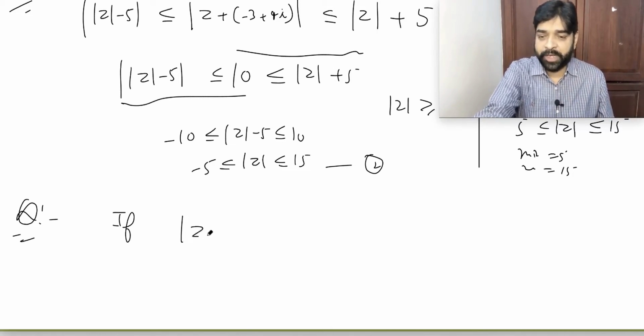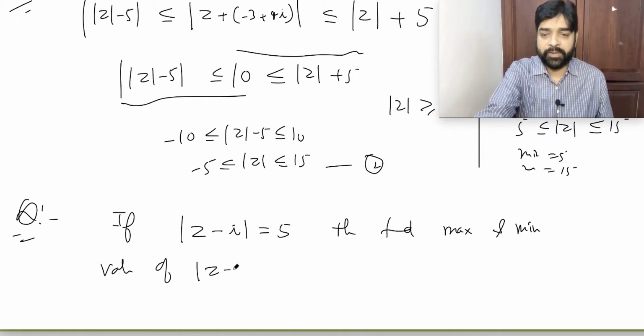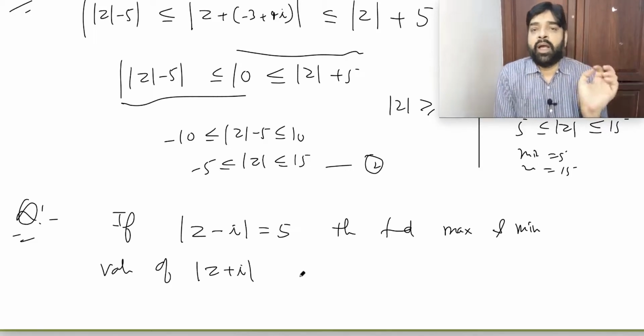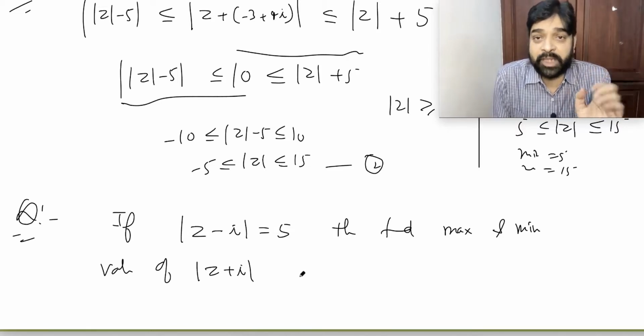If mod of z minus i is equal to 5, then find the maximum and minimum value of mod of z plus i. I am asking you the maximum and minimum value of mod of z plus i, not mod z.